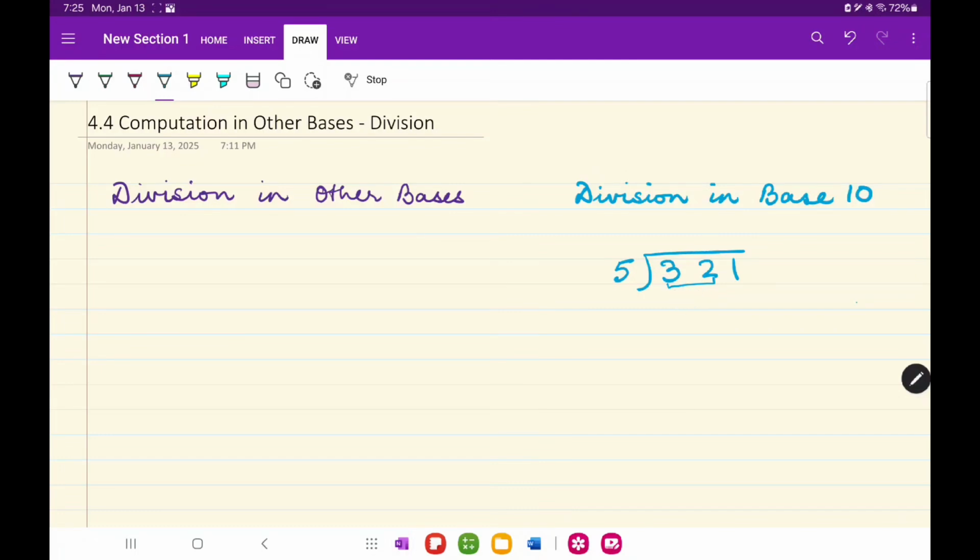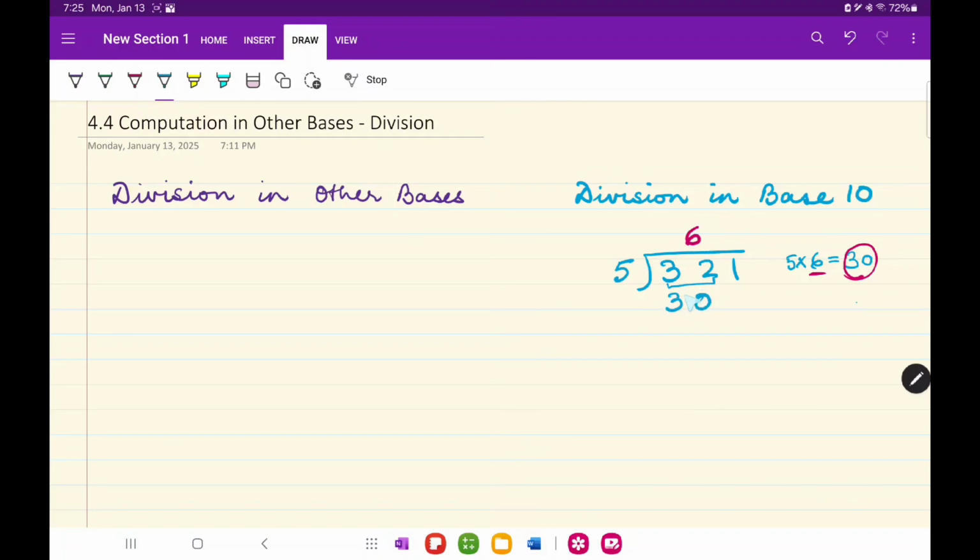All right, so we use our multiplication tables and we see that 5 times 6 is 30, correct? So 30 is as close as we can get to 32 without going over. So what we do is we take this 6 and write it on top, and then we take this 30 and write it below the 32.